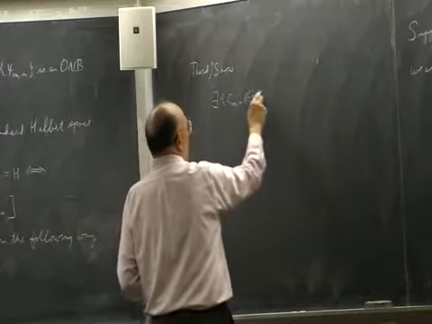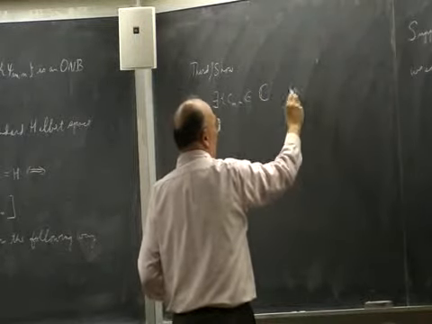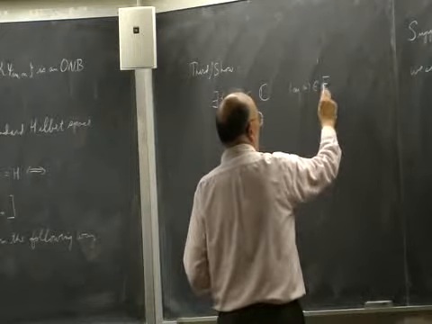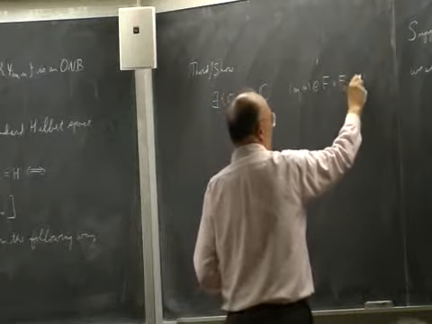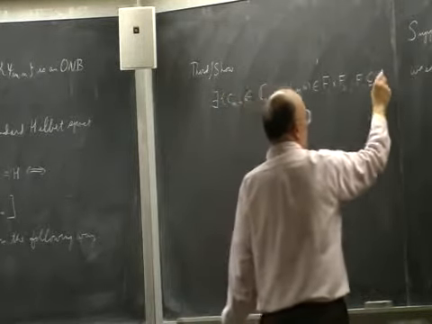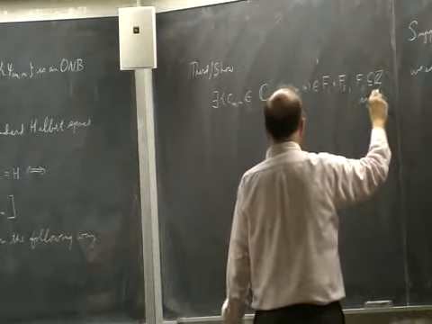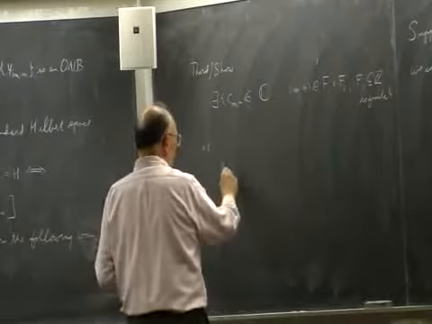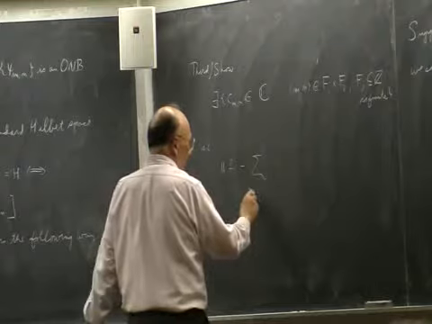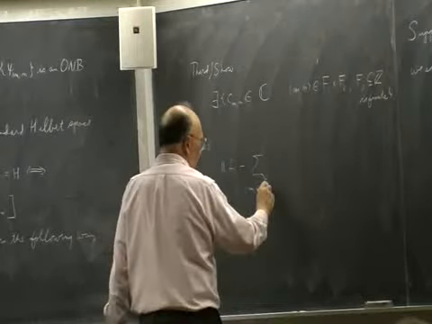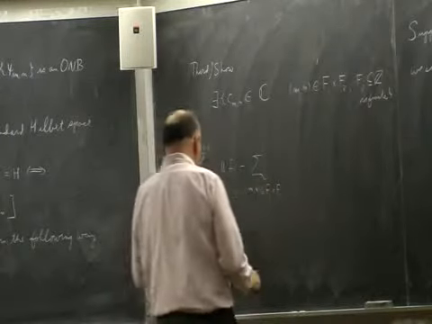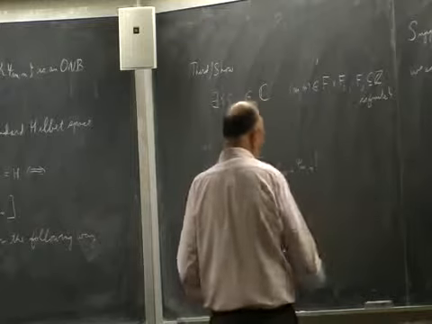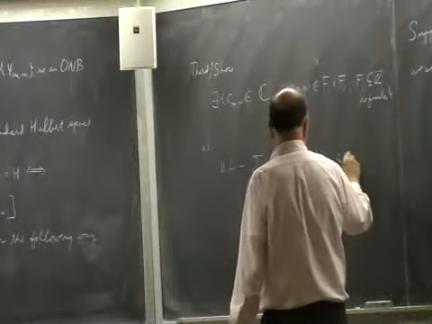There exists c_{mn} in C, where m and n are in F1 cross F2, where F_j in Z is finite, such that F minus the sum over all these mn in F1 cross F2 of c_{mn} psi_{mn} in L2 norm is less than epsilon.